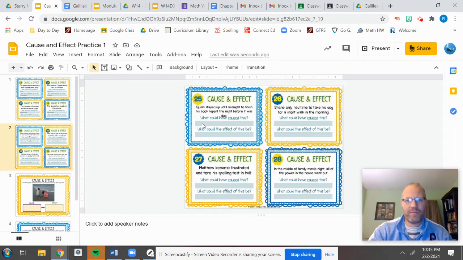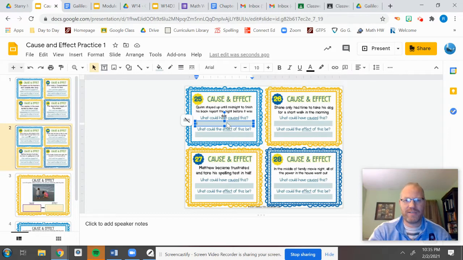Quinn stayed up until midnight to finish his book report the night before it was due. So there was a book report due. Quinn stayed up until midnight. So what could have caused this? Quinn didn't work when he should have. So that's what caused this. He was distracted, maybe. So you could say Quinn was distracted with TV.